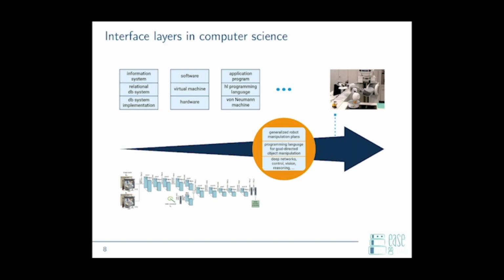Like the database systems, they developed an interface layer which is called relational database systems. And the relational database systems interface layer allows us to consider databases as tables of relations and combine them.